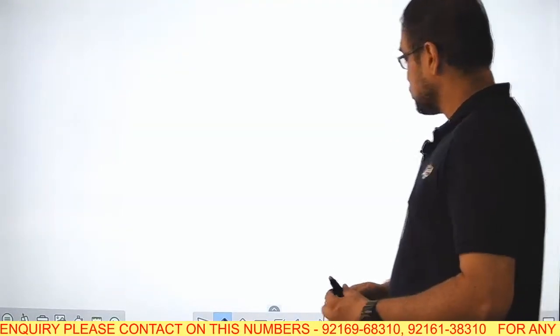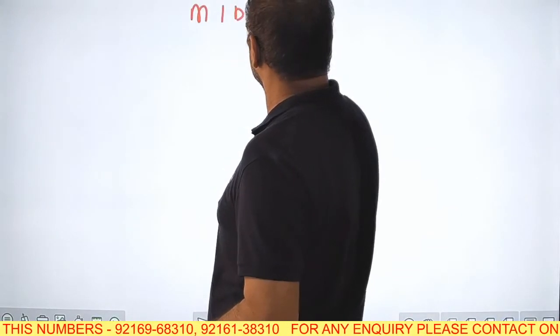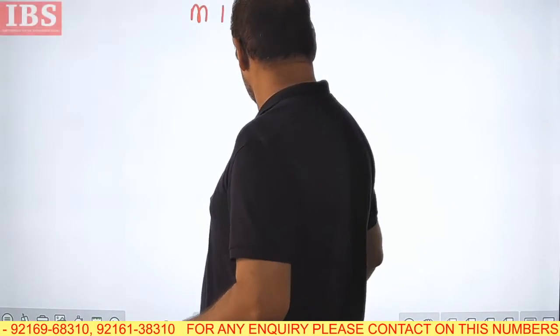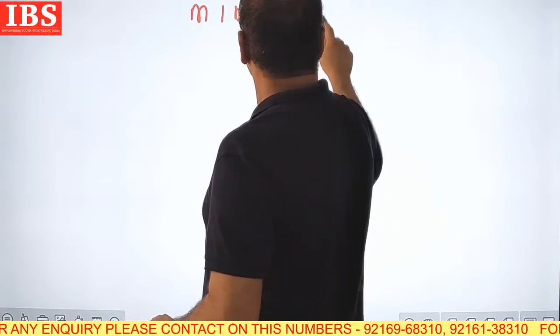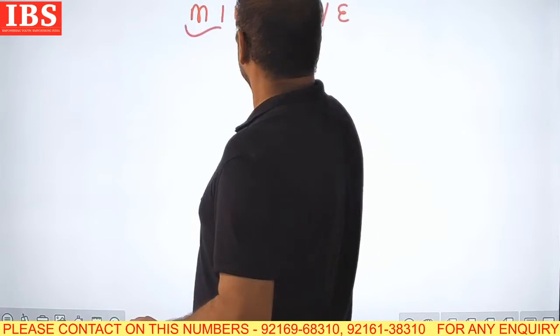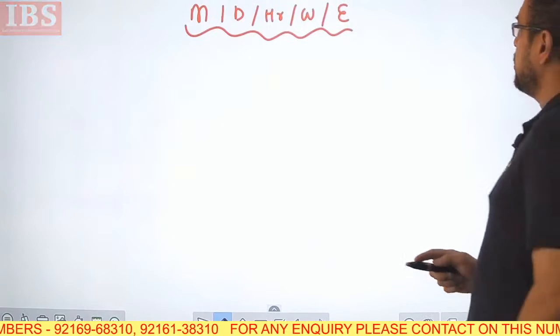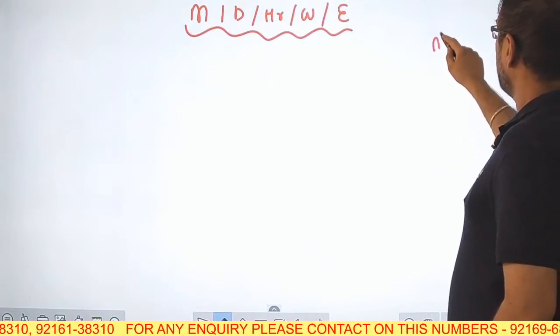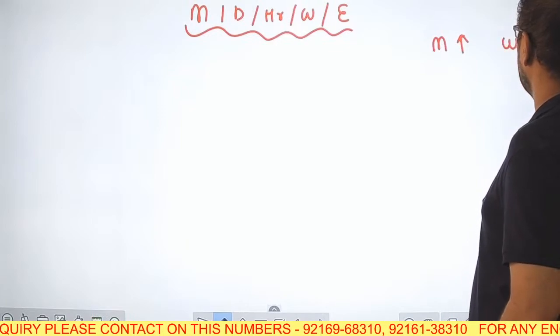So let's see, bache. The second concept for the day is man, days, hours, work, and efficiency. So what is the relation between all these? We have that if the man increases, work done will automatically increase.